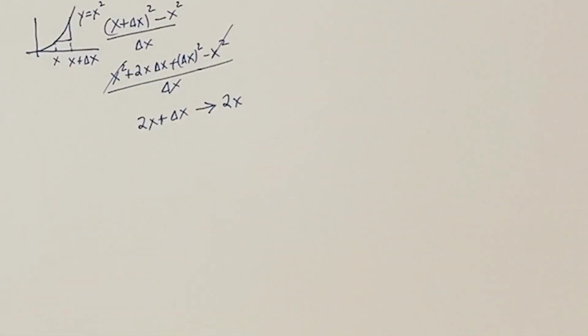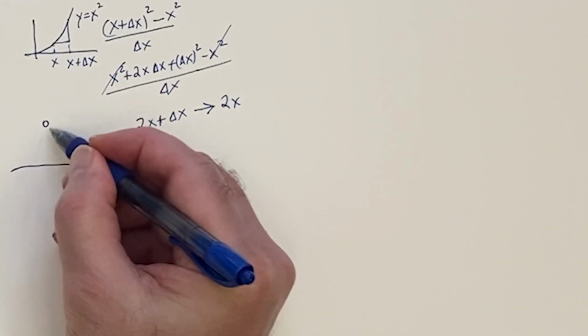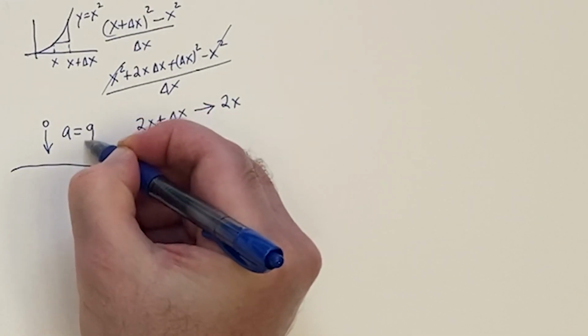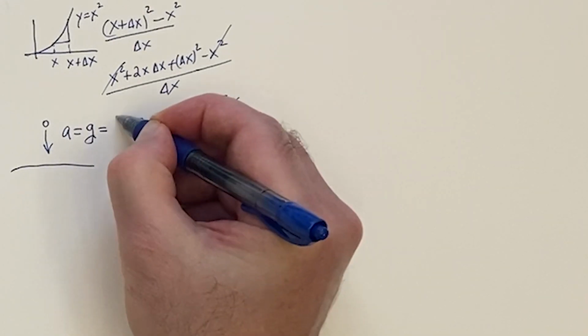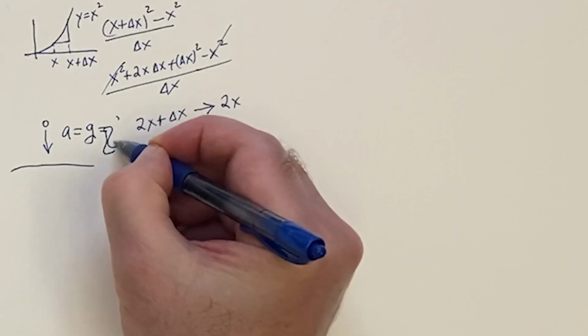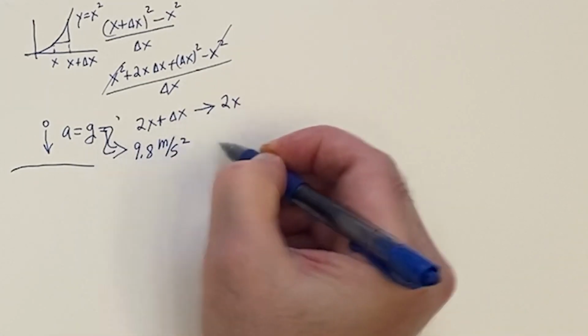So the acceleration near the Earth, if you look at the Earth and you have a ball and you drop it, the acceleration is due to gravity. We often call that little g. And that's going to be equal to 9.8 meters per second squared.